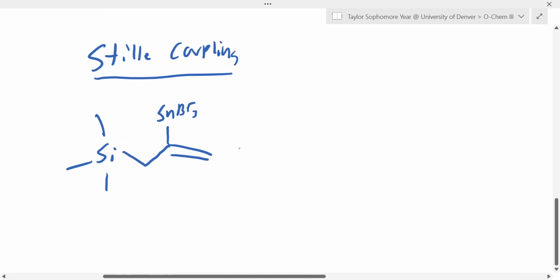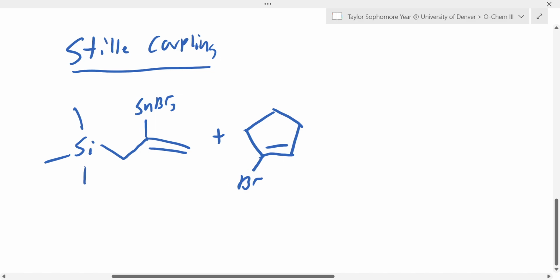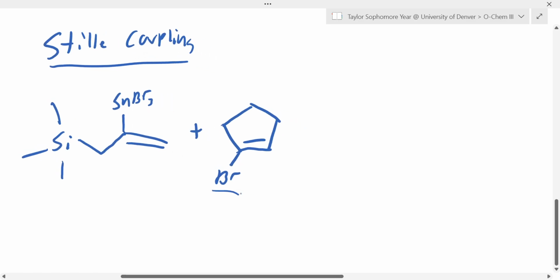And we'll combine this with bromine. So this obviously is a halide.